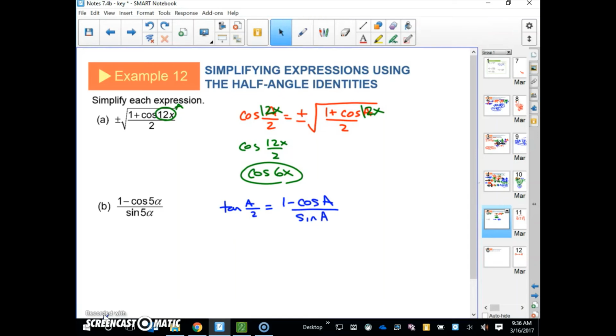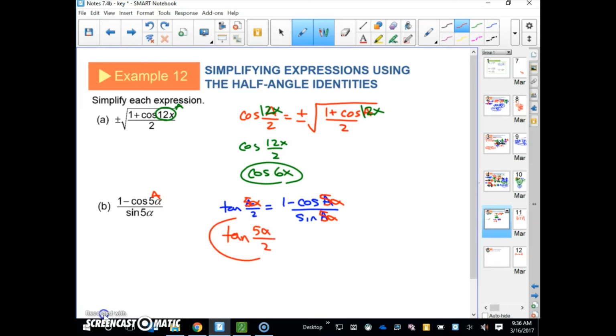And so as you're comparing what you've got to the identity, you would notice that A is equal to 5 alpha. So, you look at that left side, it says tangent 5 alpha over 2. And you can't really reduce that fraction, so that's it. Suppose you could call that tangent 2.5 alpha if you wanted, but I don't know that we want to do that. So that's it.